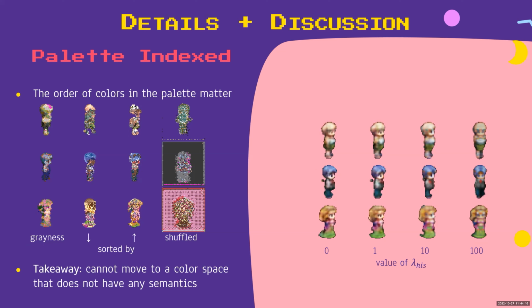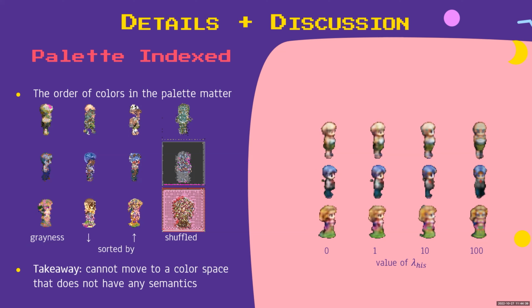For example, if we completely shuffle the palette, we get some, I don't know, modern art. And what is really interesting here, if we sort from top to bottom, we can see very nice tops of the heads, right here. And if we sort from bottom to top, some nice feet as well.